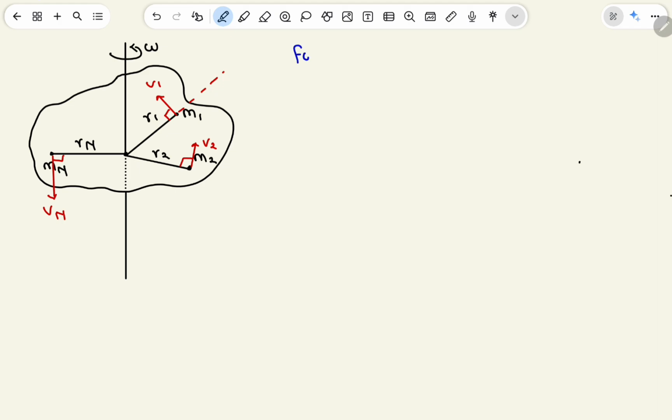So for any ith particle, we can see that the radius vector of the particle with respect to the axis of rotation and the tangential velocity, that is v, they all are perpendicular. The r's and the v's all are perpendicular for all the particles.